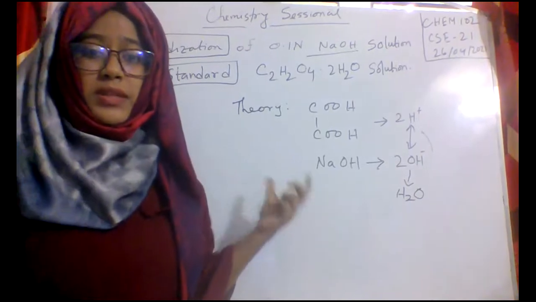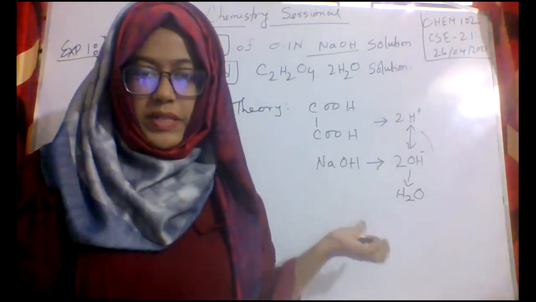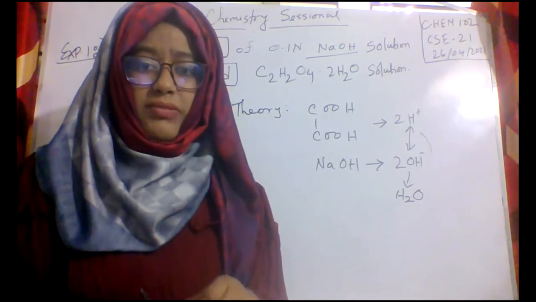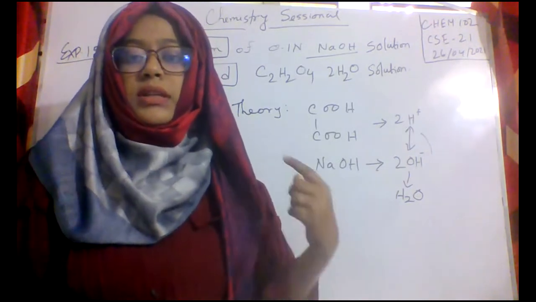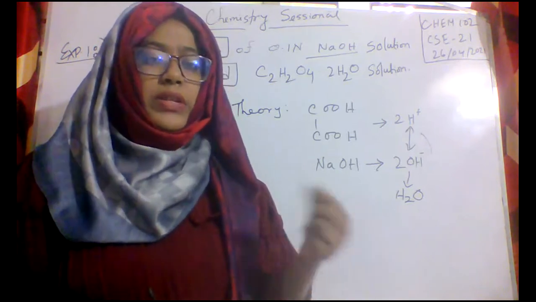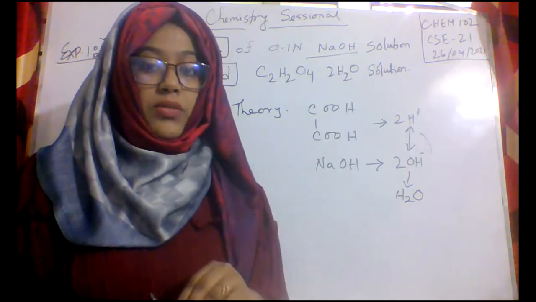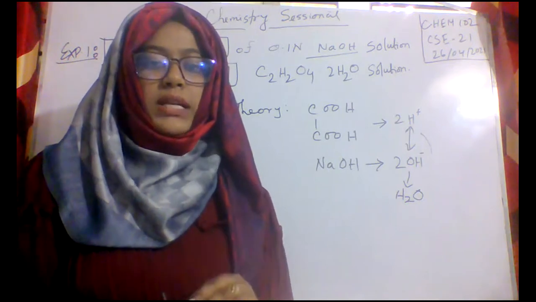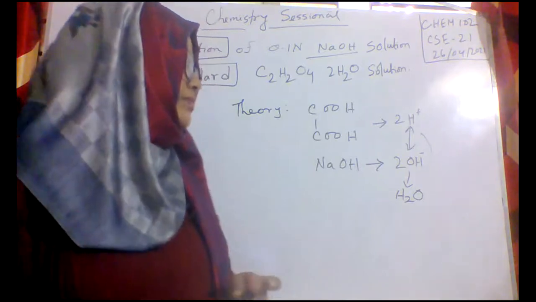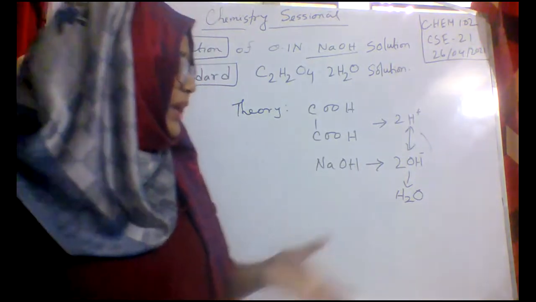That's the simple thing for acid-base titration. We'll take acid in the conical flask and we'll add the basic solution from the burette. Then gradually the acid in the conical flask will be neutralized by the base that is added from the burette, and it will make water.